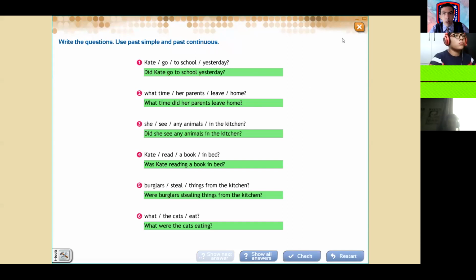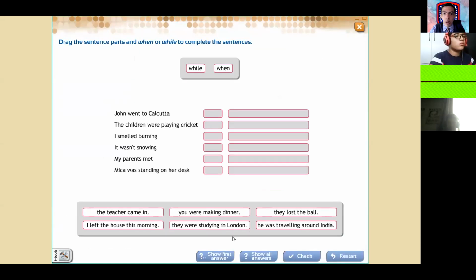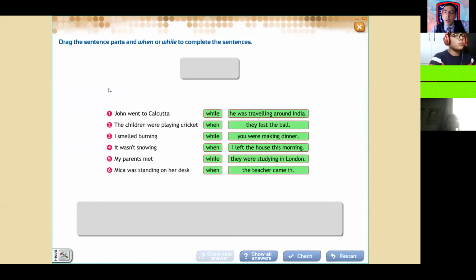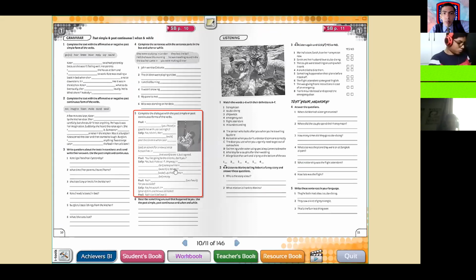After that, we moved to exercise number 4, in which you had to match when and while and the other half of the sentence. So that was basically the 4 activities that we did on Friday. Today we're going to start with number 5 and 6, and after that we will move to some very quick quiz activities I have prepared for you.